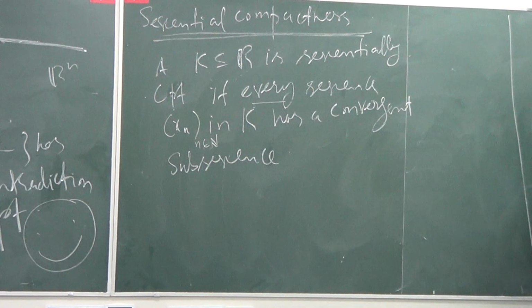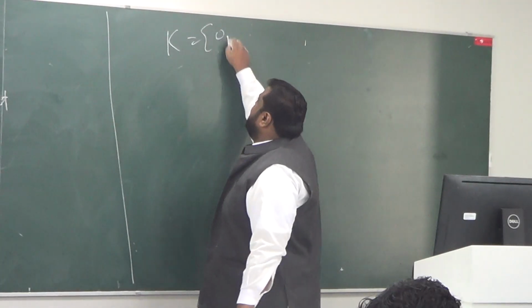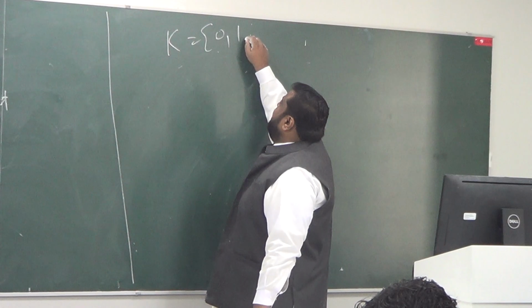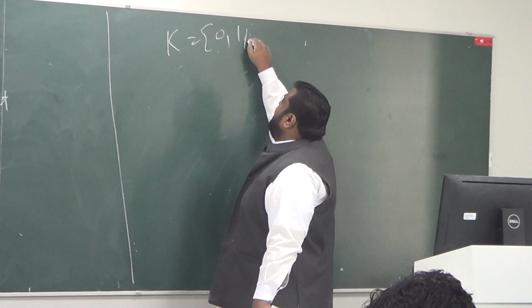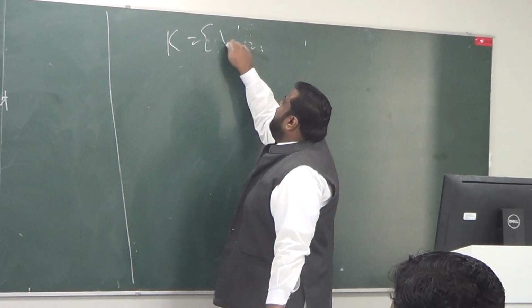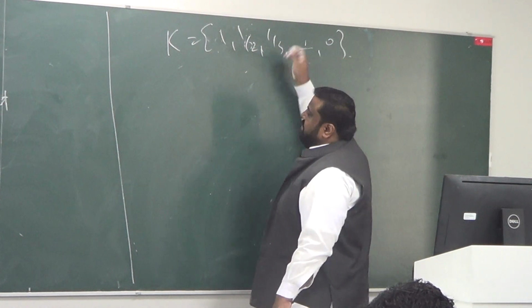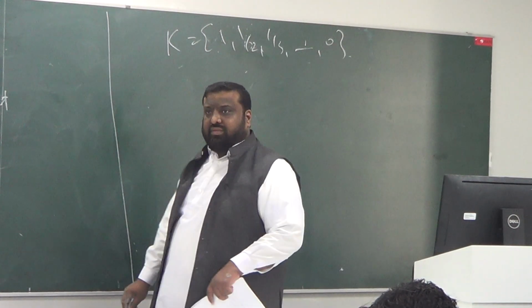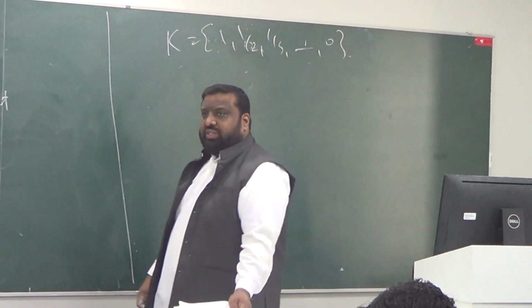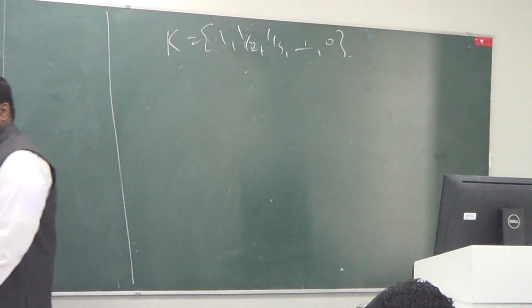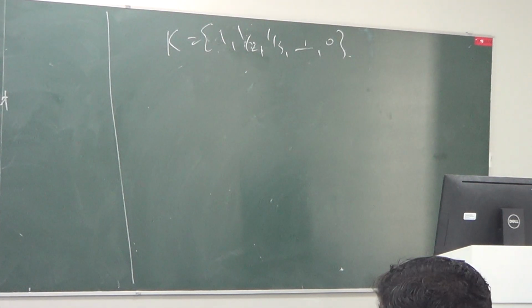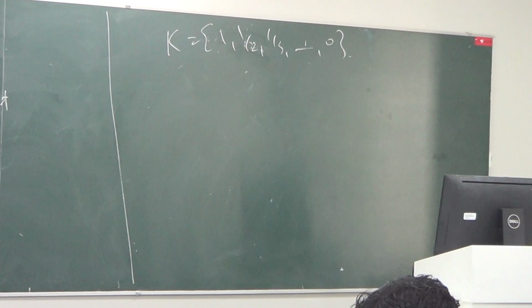For example, take K equal to 0, 1 half, 1/3, and so on and so forth, and this is 0, something like that. Is this sequentially compact? Can I take some sequence from here? If I take any sequence from here, how is it going to look?